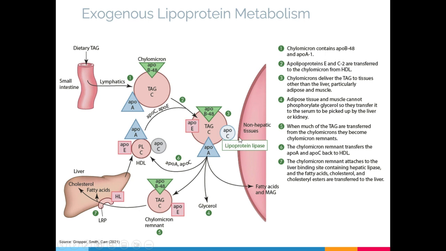So para ma-recycle ang ApoC kay wala naman siya gamit kay nahatag na niya tanan nga fat sa extrahepatic tissues. So the chylomicron remnant has to give back the ApoC to the HDL. Okay? And if ang nabilin is ApoE na lang and ApoB48, then moabot na ang step 7. So, due to the interaction of the ApoE with the receptor in the liver, so kaning chylomicron remnant pwede ni siya magamit sa liver.